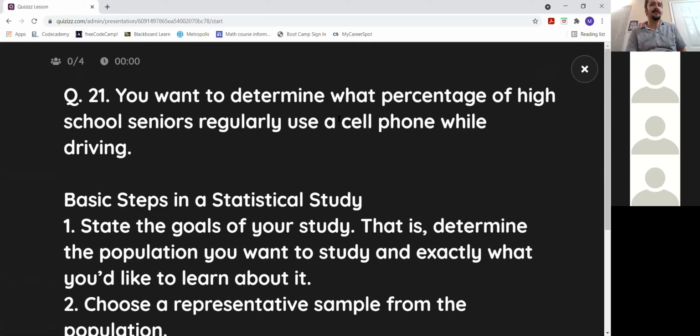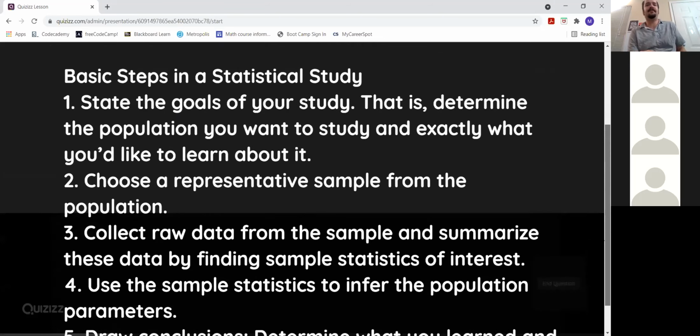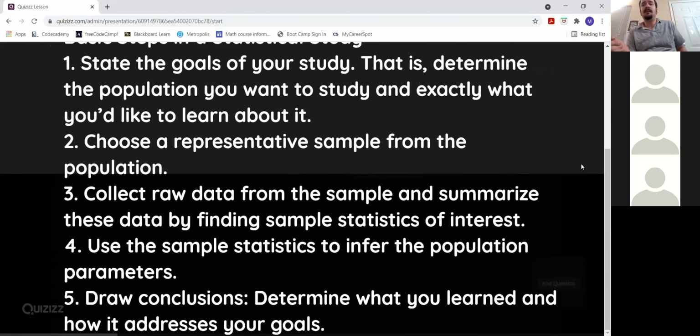So I don't know how many high school seniors there are. Let's say you have like 300 high school seniors. You don't want to go survey all 300 of them. You're going to survey like a dozen maybe, right? So you're going to take 12 people. You're going to ask them, do you use your cell phone while driving? You're going to get some kind of statistic about those 12 people. You're going to use those 12 people to try to tell me something about all 300 of those people.